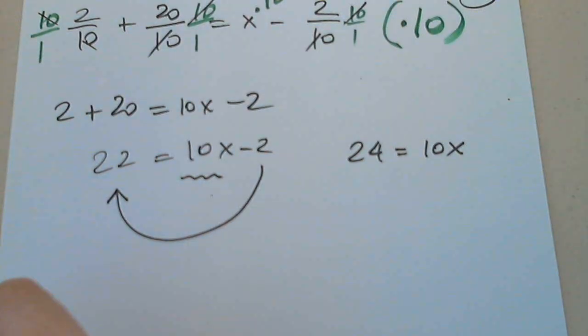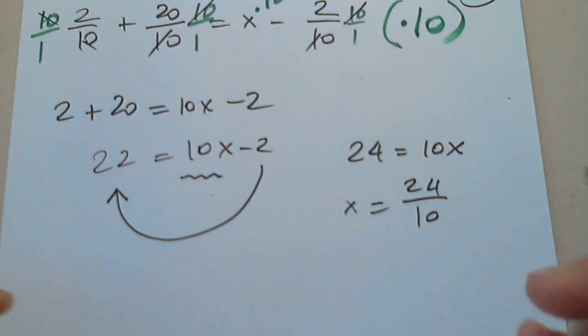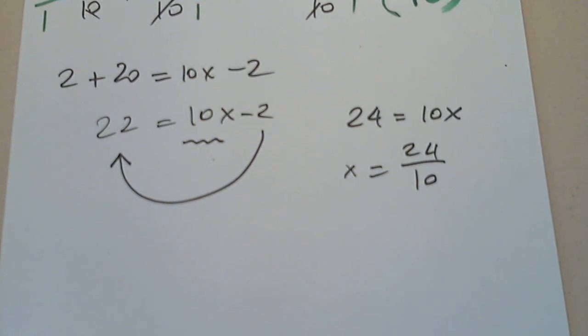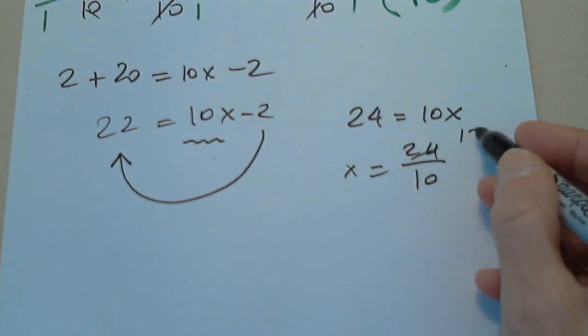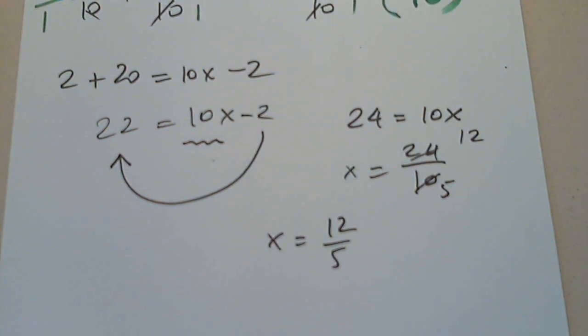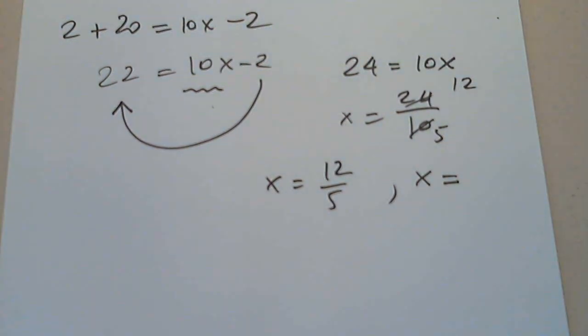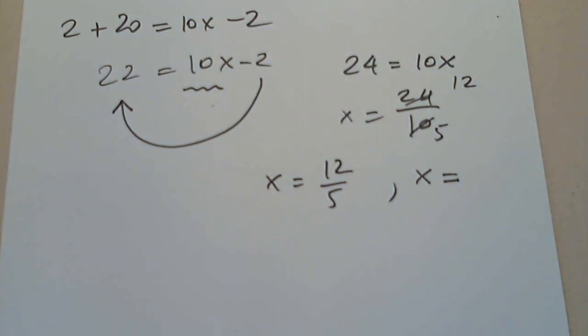Okay, so now, of course, we have to divide by 10. So x equals 24 over 10, and we have to simplify it. We'll simplify it by 2, and we get 12 and 5. So x equals 12 over 5. If we're asked to present it as a mixed number, can anyone give us that mixed number?